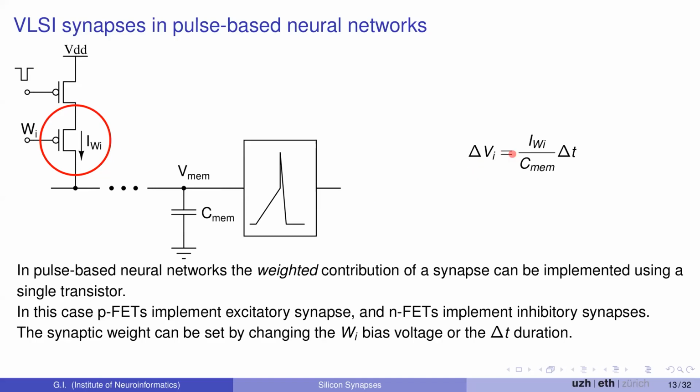You can see here that the change in memory potential is proportional to the weight, so the weighted current, and to the time that everything is on, to this delta t, the pulse. So you can either change delta t or you can change VW, and you get a higher effect on the memory potential change. So you have these two knobs in spiking neural networks.